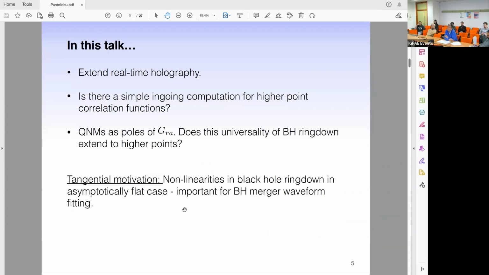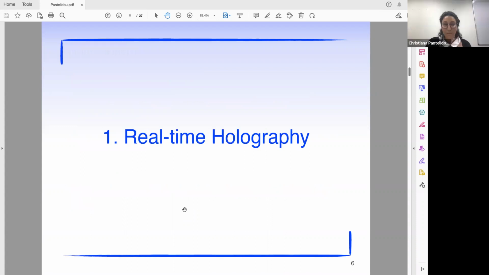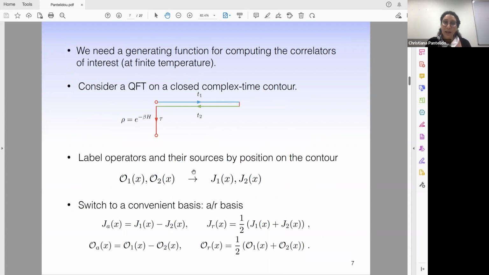It's all clear. Excellent. Okay, so first, just to make sure that everyone is on the same page, I wanted to give a brief review of real-time holography a la Skenderis-van Rees. So, as I said several times already, we want to compute correlation functions at finite temperature.